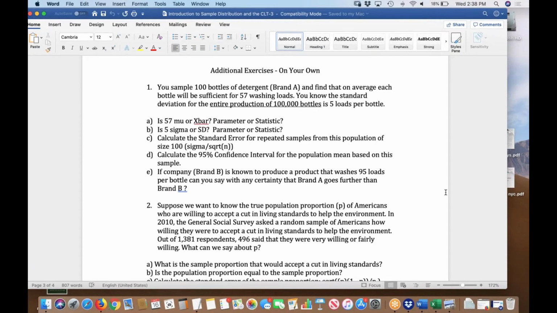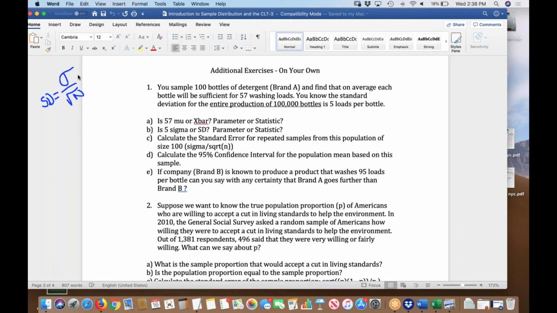I'm cheating like that because I want to be able to use that formula that I just told you about. I want to be able to determine what the standard deviation is for repeated samples of a certain size based on what sigma is. So in order to do that, I can determine the sample size, but I need to know what sigma is in order to make this work.